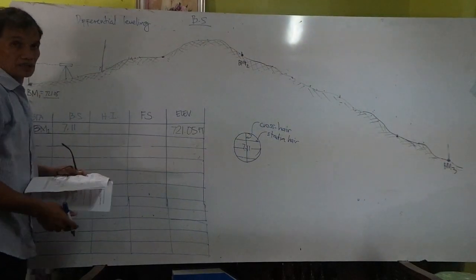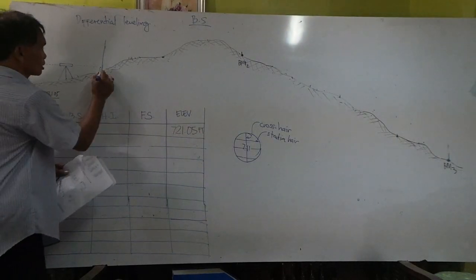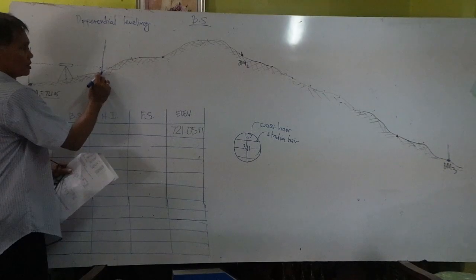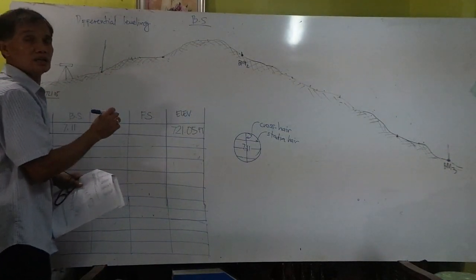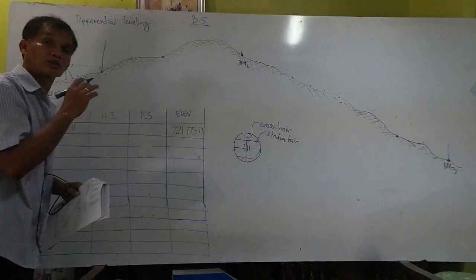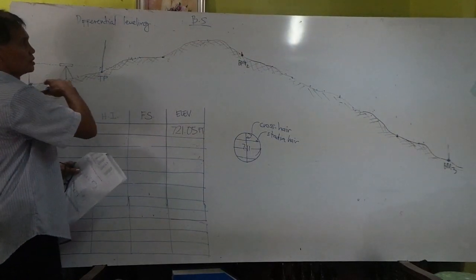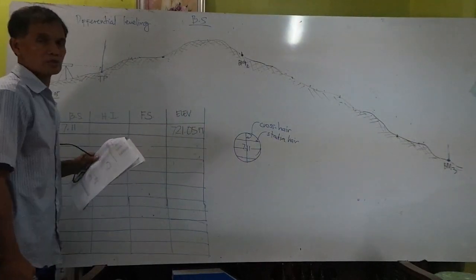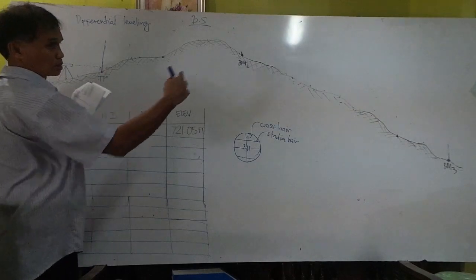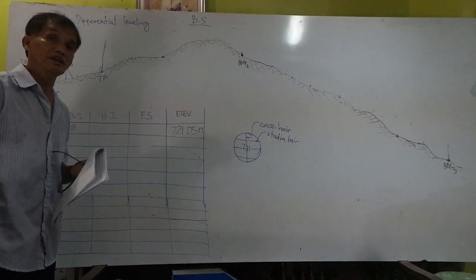Rod reading. That particular rod reading is termed now as foresight because you do not know yet the elevation at this point. Now, kini point karon can be termed as the intervening point or turning point. Any point na gamitan na to pag-intervenes going to the other benchmark, or in between the two benchmarks, is termed as intervening points or turning point, TP.